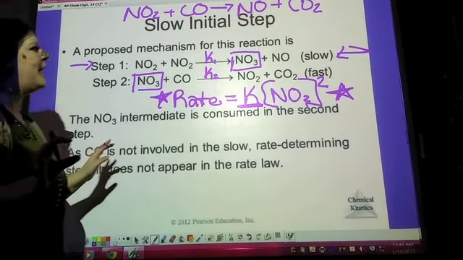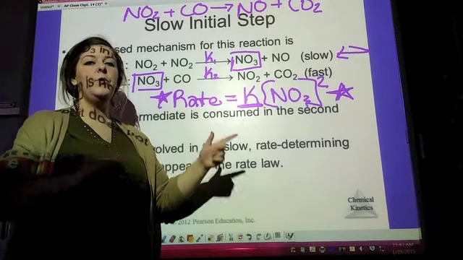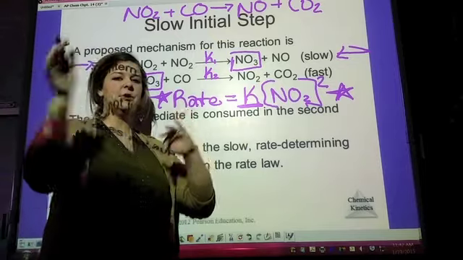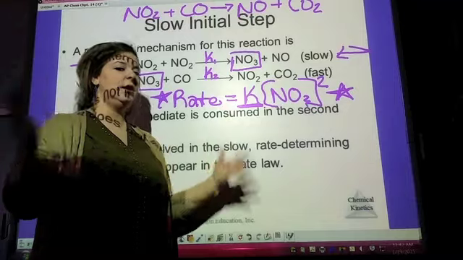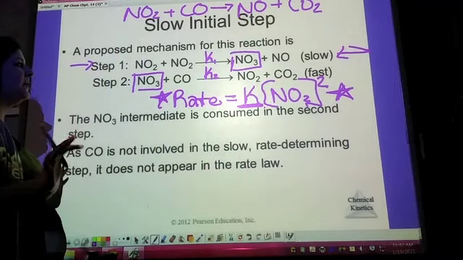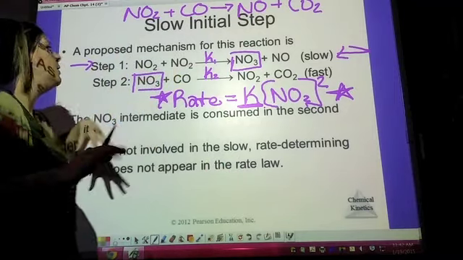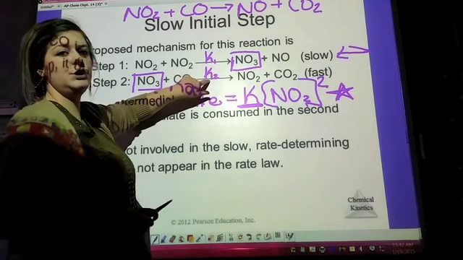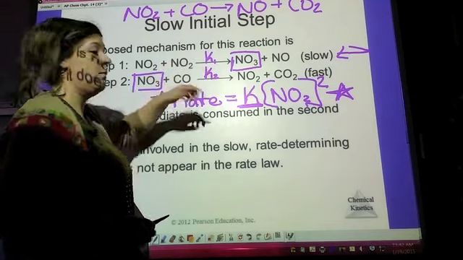The only reason I want you to do that is because this is going to help us when we get to the fast initial step, because we're going to have a lot of different Ks and we're going to have to do substitution and it's going to get messy, so we want to make sure that we're just designating them now. Step 2 is the faster step, because it says step 1 was the slow step, they gave us that. So what could we say about this rate constant K2 versus this rate constant K1?